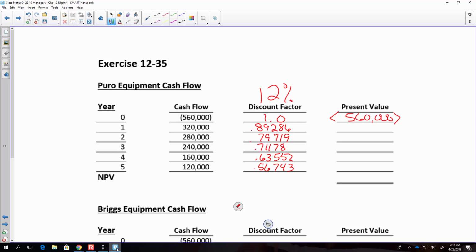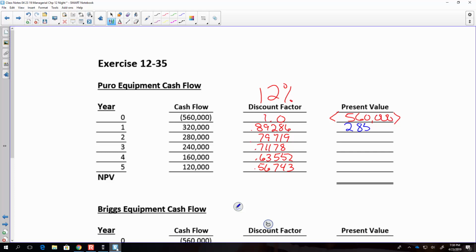And then we're simply going to multiply those out and see if we come up with a positive net present value. I'm going to round to the whole dollar amount.